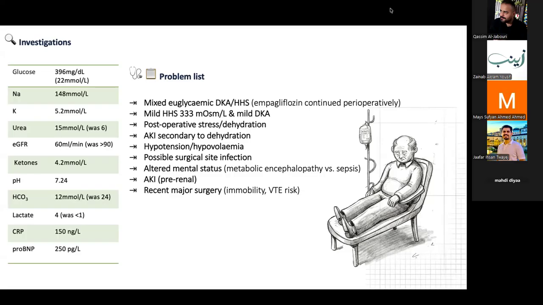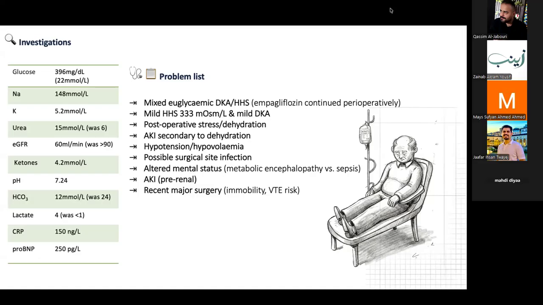As you know, SGLT2 inhibitors should be stopped 2 to 3 days prior to any surgical operation, and when the patient is unwell, and should be resumed when the patient is back to their normal baseline. So we know that this acidosis is triggered by the fact that the patient was on an agent that led to this. He has mild HHS with the osmolality of 333, and his DKA is mild.